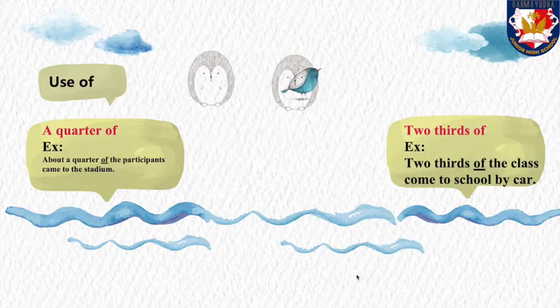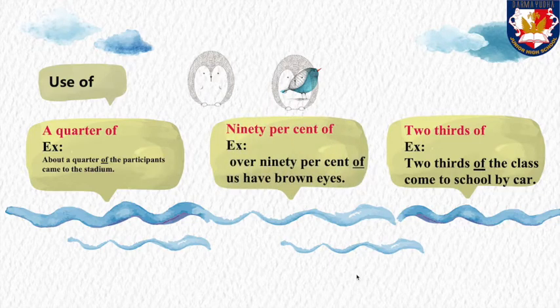You can put of, become 2/3 of. Example, 2/3 of the class come to school by car. The third word is 90%. Become 90% of. As the example, over 90% of us have brown eyes.